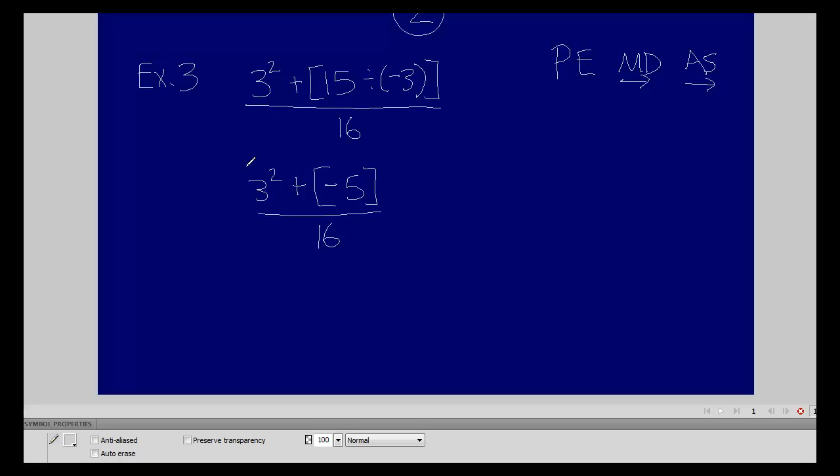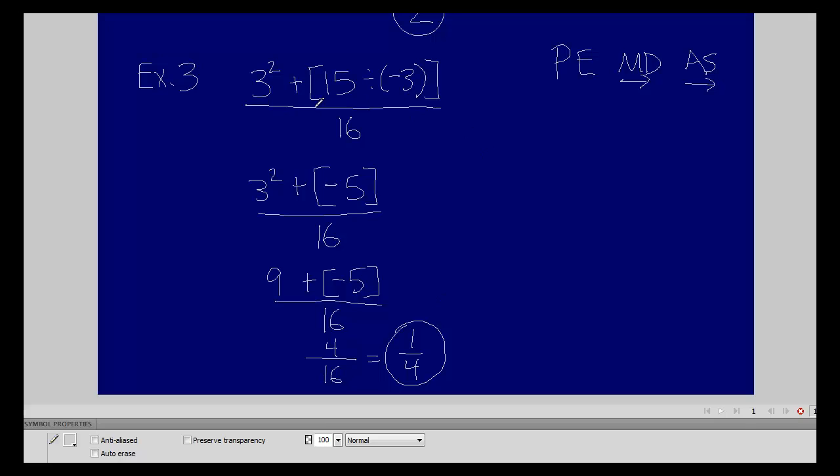We have exponents, 3 squared, which is 9, and keep everything else in the problem. And then we have 9 plus a negative 5, and so we're actually going to be subtracting. So 9 plus a negative 5 is 4 divided by 16, and then we reduce that down to 1/4.